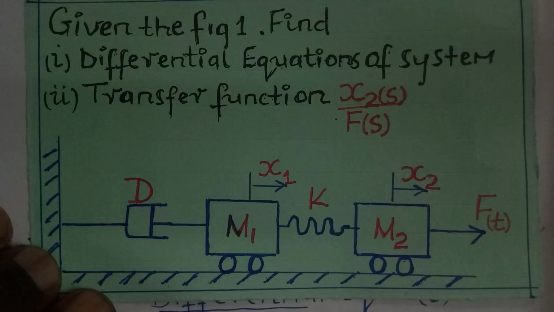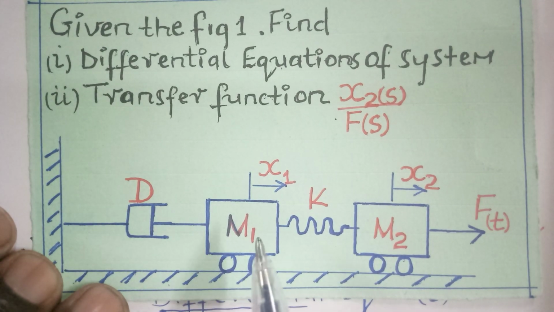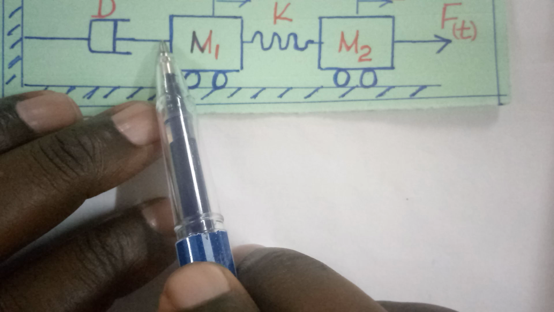And so guys, we are going to do this by drawing the free body diagram for M1 and for M2. The first thing we are going to do is draw the free body diagram for M1. If you look at what is attached to M1, we have a spring and we have the damper.